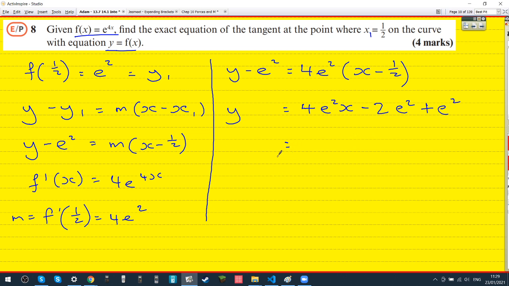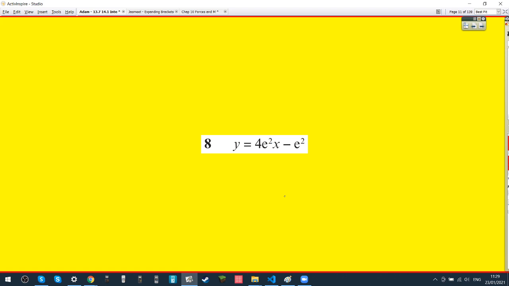So we can add e squared to e squared, but we can't add e squared x. It's not the same thing. So before e squared x minus e squared. Yeah. And so in general, y equals 4e squared x minus e squared. Yep. There we go.